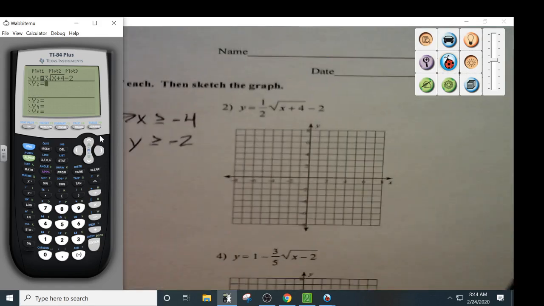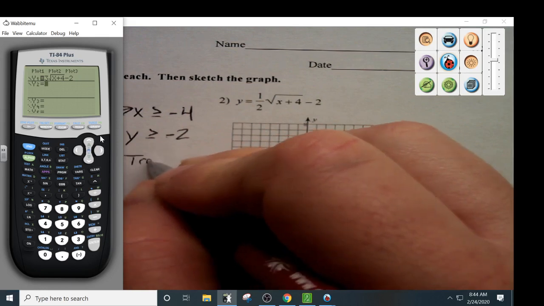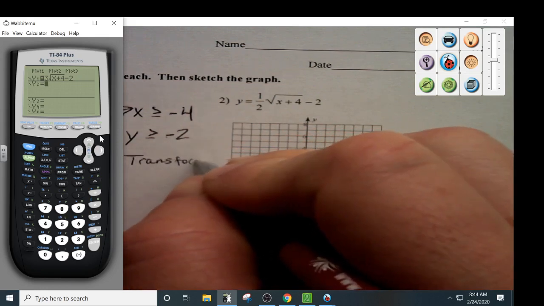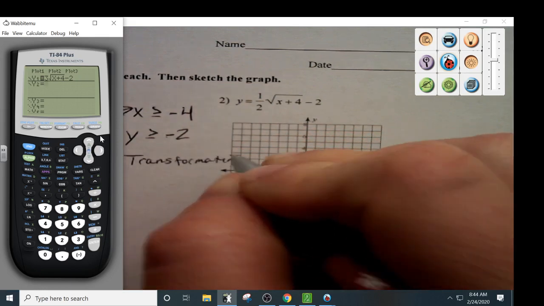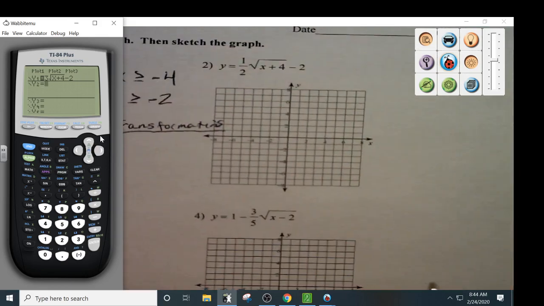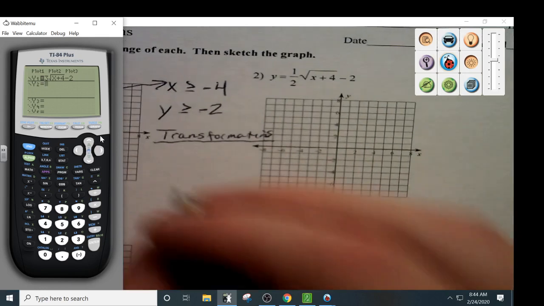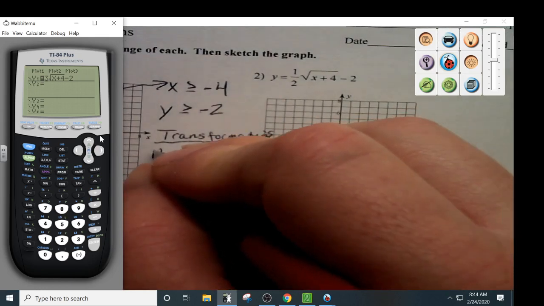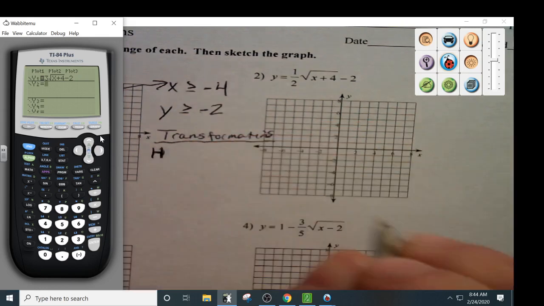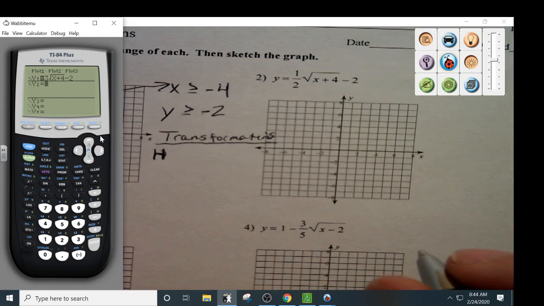So guys, let's talk about our transformations now. Guys, transformations are pretty easy. What does H stand for when you're talking about transformations? Horizontal, right? Left to right.